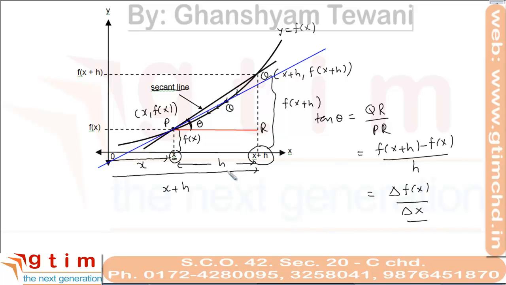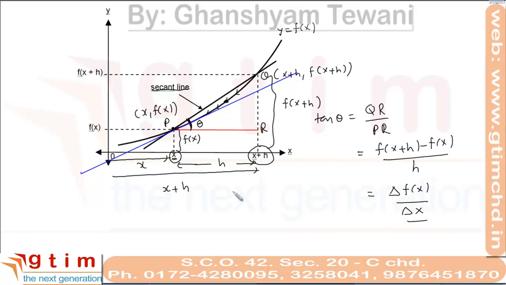When point Q is very close to point P, not exactly on point P, then at that time we have the chord PQ almost like touching the graph at point P. Okay, now here point Q is very close to P, they are not coincident.